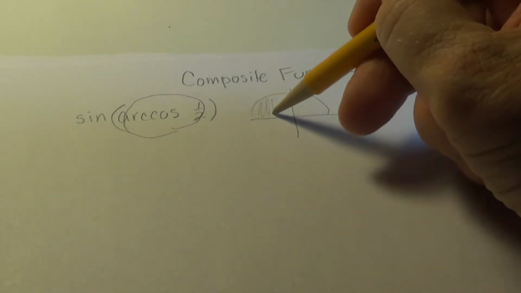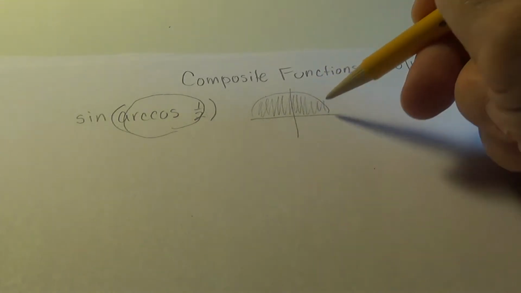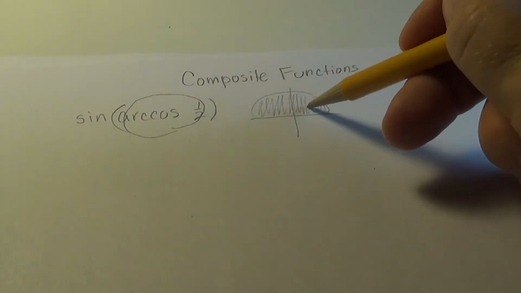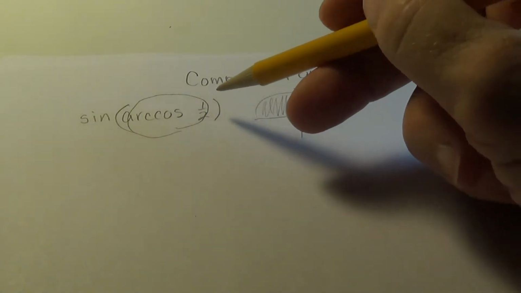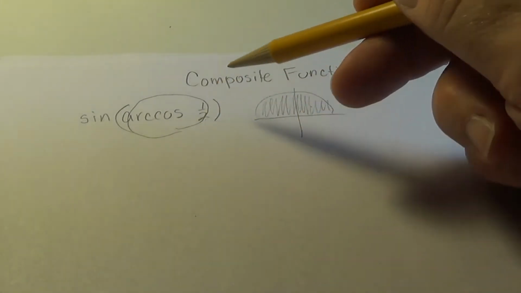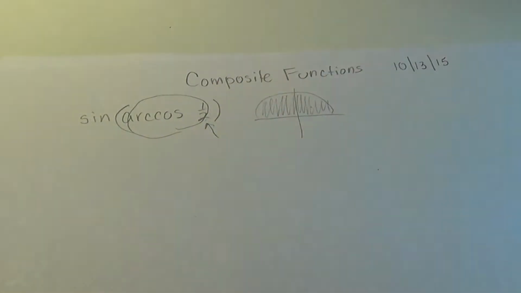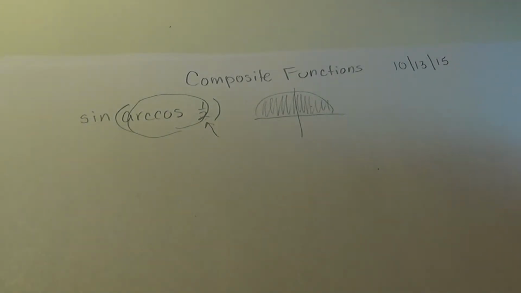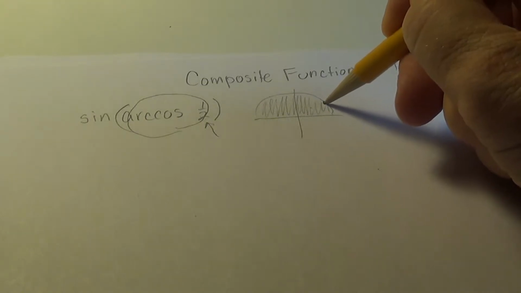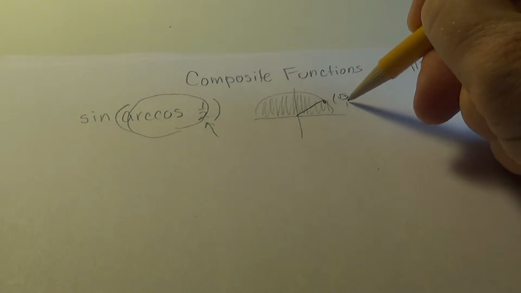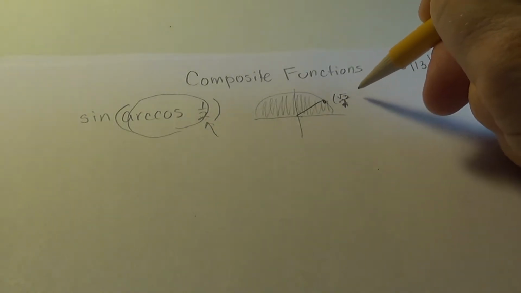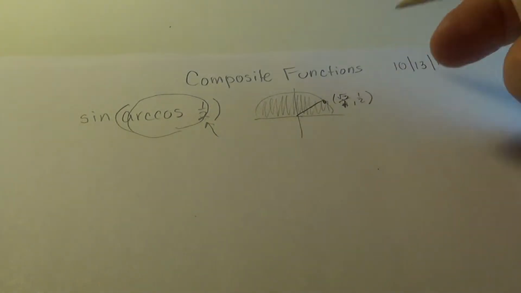That's the only place we're defining arc cosine so that it will be a function. When we look at the unit circle, we're looking for a first coordinate that's positive 1/2.